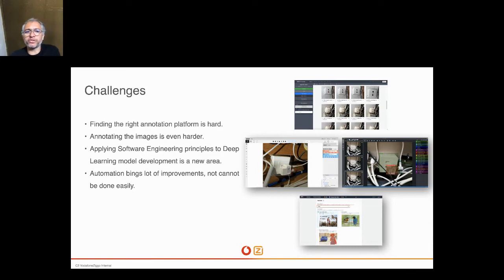And then when you try to apply software engineering principles to deep learning model development, that's also a bit different, because not every data scientist has good software engineering skills, because they come from a different branch of the tree.